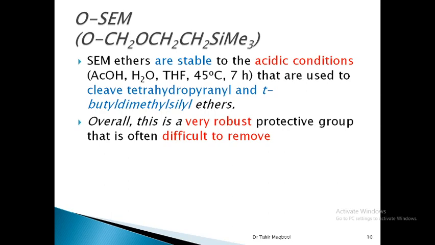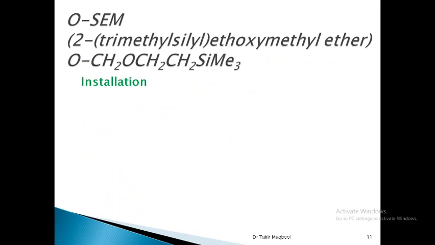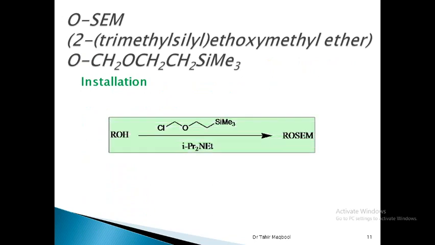Overall, this is very robust. Robust means it is a very strong protective group that is often difficult to remove. However, it still has its application in the literature. For the method of installation, we have only replaced the methyl with the trimethylsilyl group, and Hunig's base as usual has been applied.